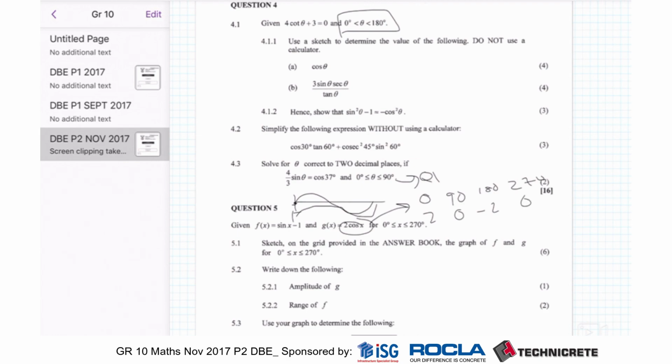Okay, for sine, we have already decided what the pattern would be, but if you'd like to be more confident, we can do the same thing. So remember, now you're putting sine 0 minus 1. It's minus 1. Sine 90 minus 1 is 0. 180 is negative 1. And 270 is 0. Same pattern.